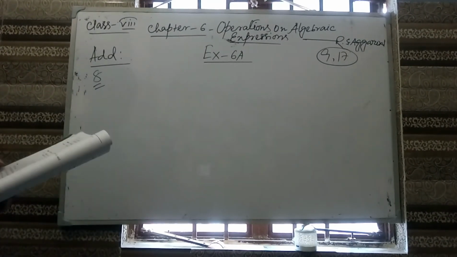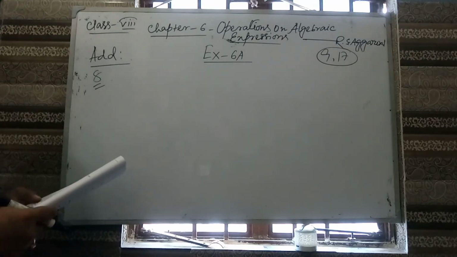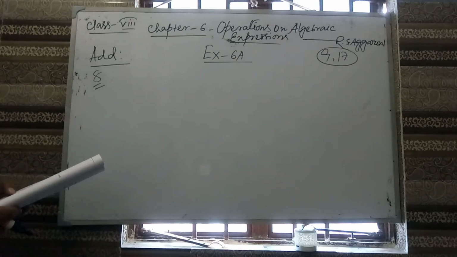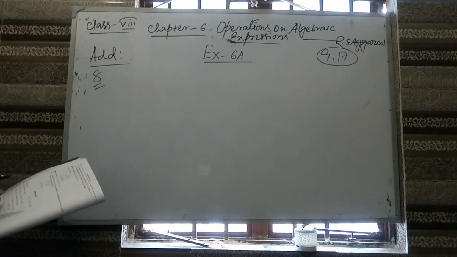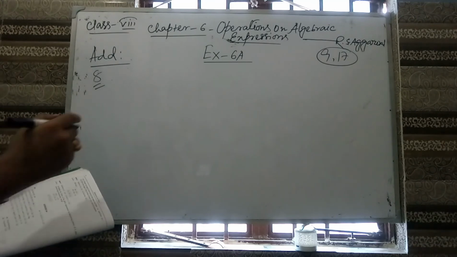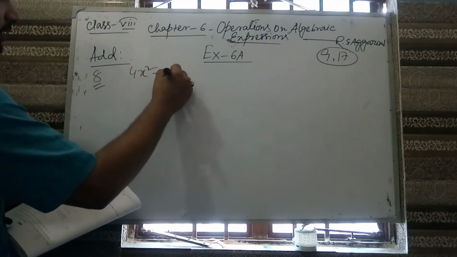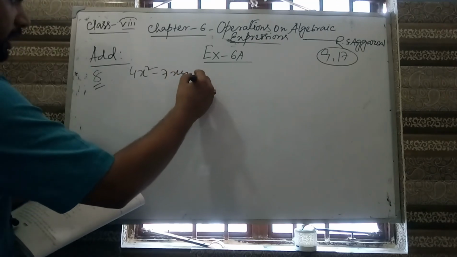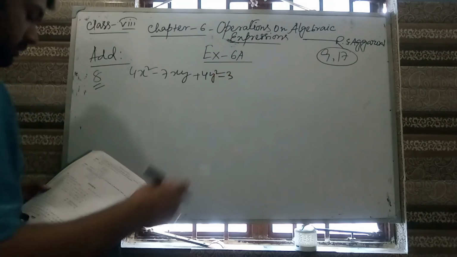Okay, next we will be solving question number 8. What is given? We have 3 expressions. First one is 4x square minus 7xy plus 4y square minus 3.